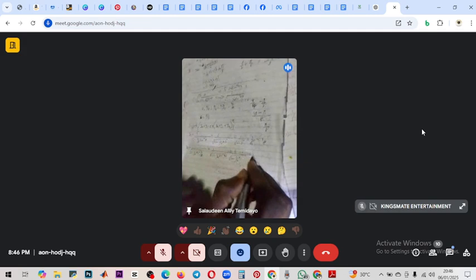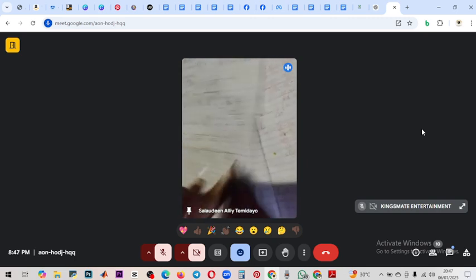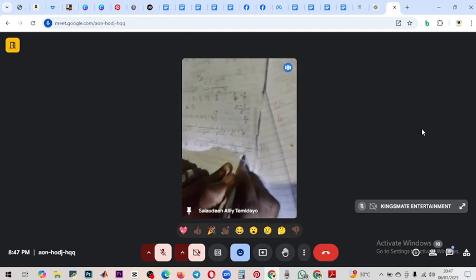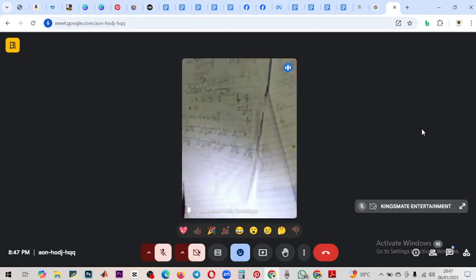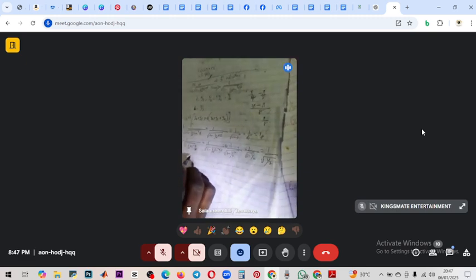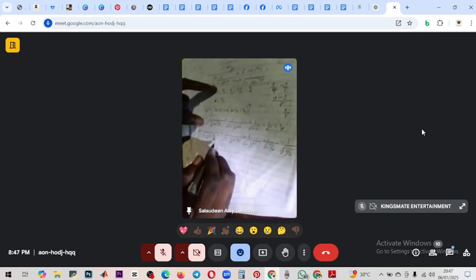So here, 1 minus 1 over 2 times 1. That's 1 over 2. So this is 1 over square root of 1 minus 1 over 2, that is 1 over square root of 1 over 2.